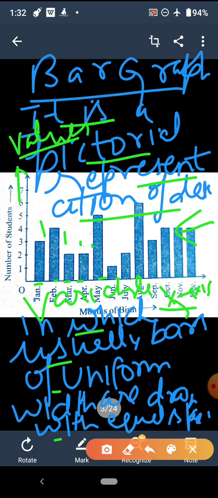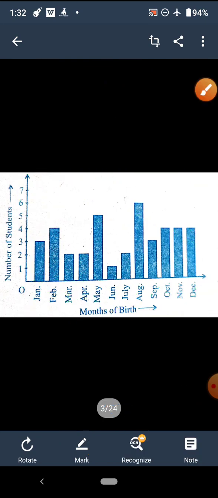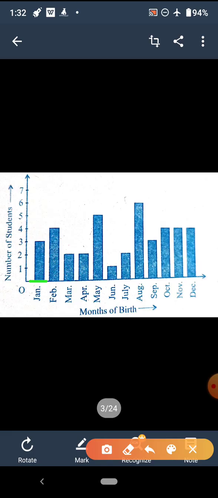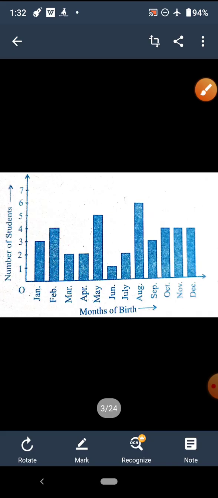The x-axis will show the variable, and the y-axis will show the values, and the heights of the bars. The width will remain the same, beta, clearly see it, the widths are the same, and the length will vary depending upon the values. You can see here the widths are the same in every case, but the height is different.